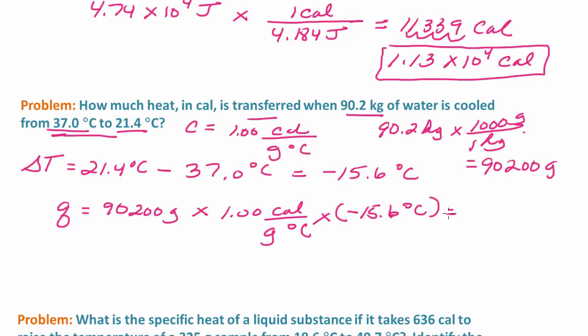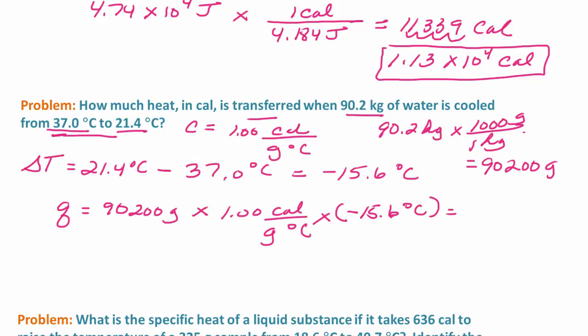Okay, so let's see here. Remember, that's a temperature change. That's not a temperature. It is a temperature change. It's the number of units that temperature has changed. So we have 90,200 times 1 times a negative 15.6.